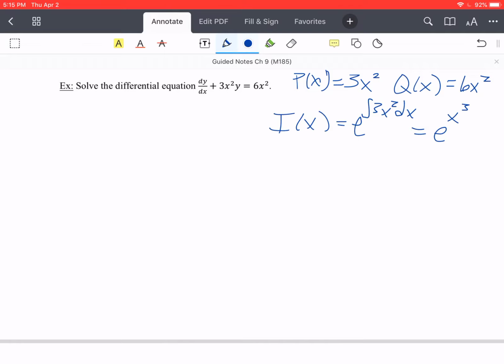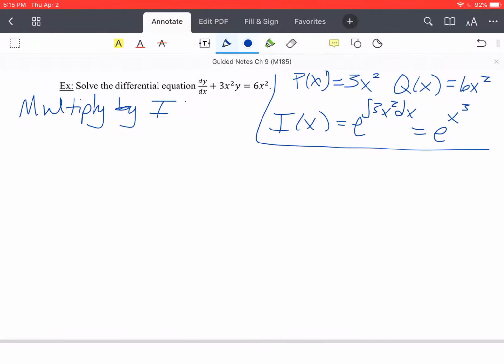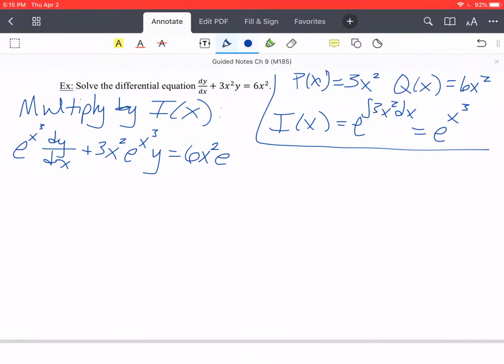Okay, and again, we don't need that arbitrary constant because we just assume that it is whatever value makes it go away. So let's go ahead and take this information here, and we're going to multiply both sides by I of x. So this is going to give us e to the x cubed times dy dx plus 3x squared e to the x cubed y equals 6x squared e to the x cubed.